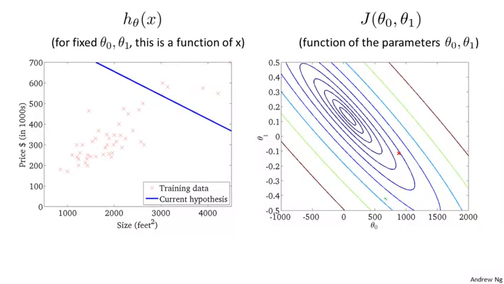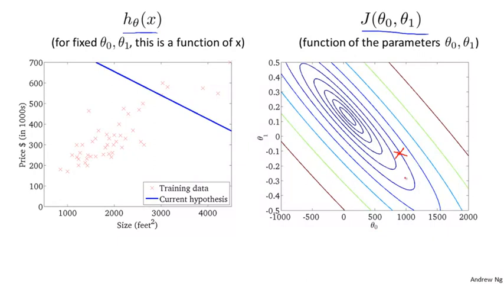So now let's see this algorithm in action. As usual, here are plots of the hypothesis function and of my cost function J. Let's say I've initialized my parameters at this value. Usually you initialize your parameters at 0, so theta 0 and theta 1 equal 0.